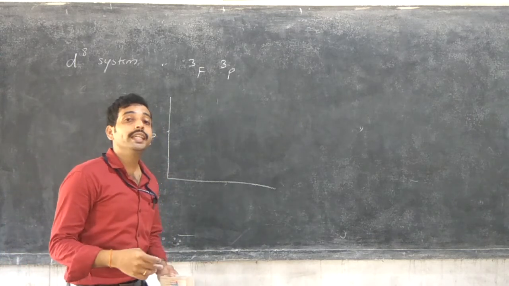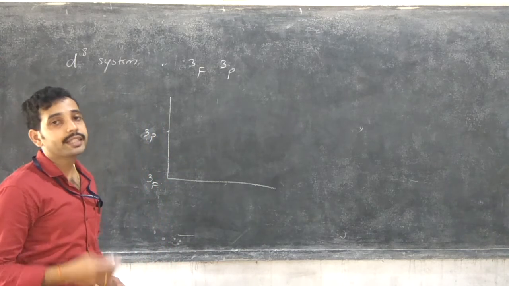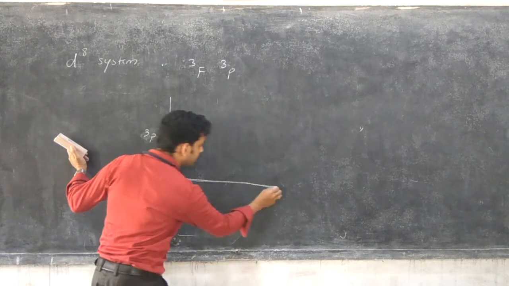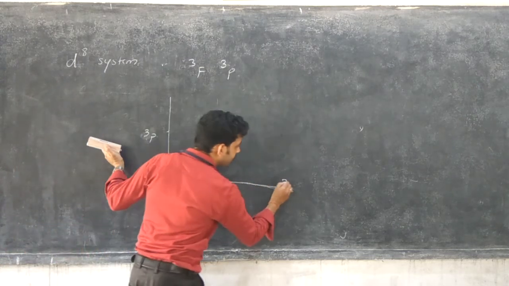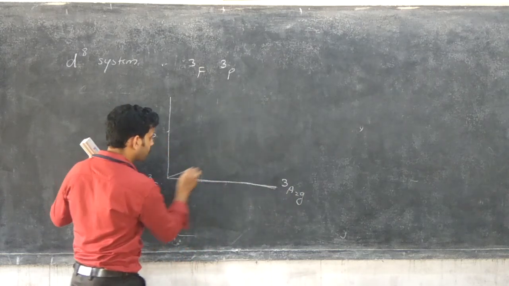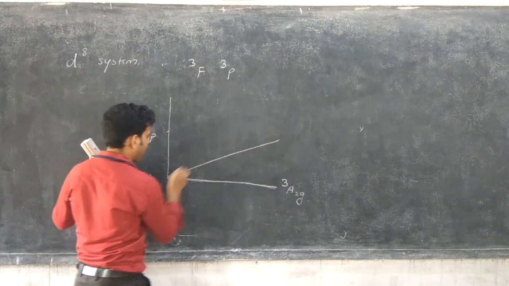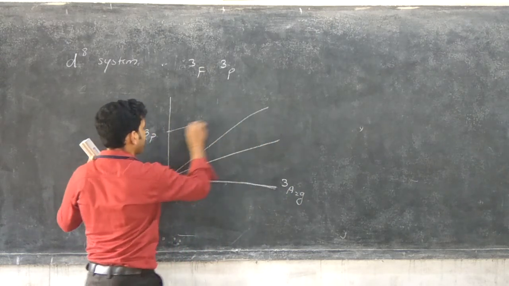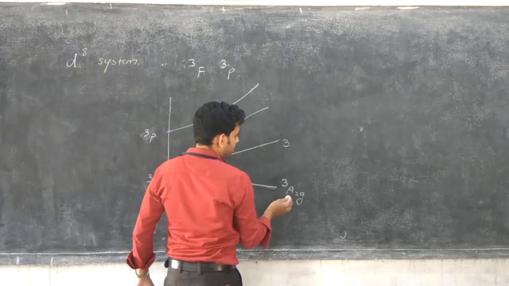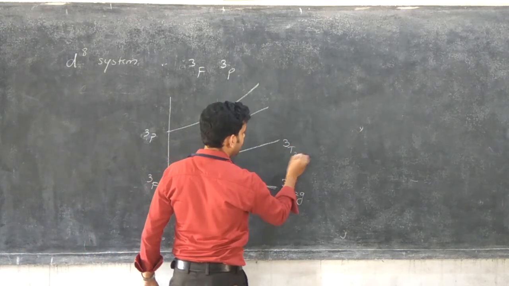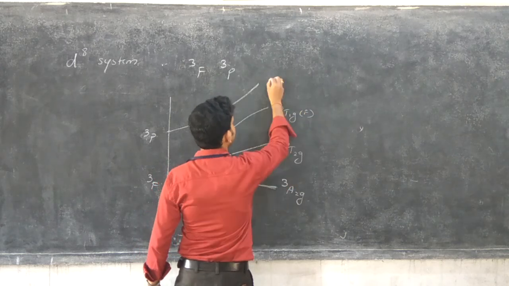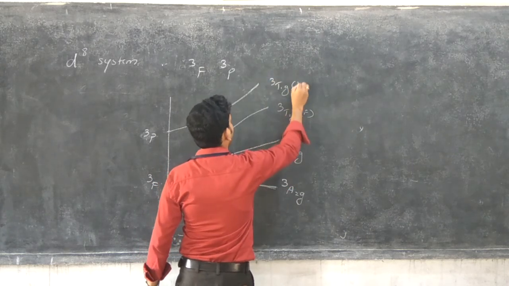That's why 3A2G is the lowest term, and we can draw this diagram, that is 3A2G, and there are three transitional lines: 3A2G, 3T2G, 3T1G of F, and 3T1G of P term.